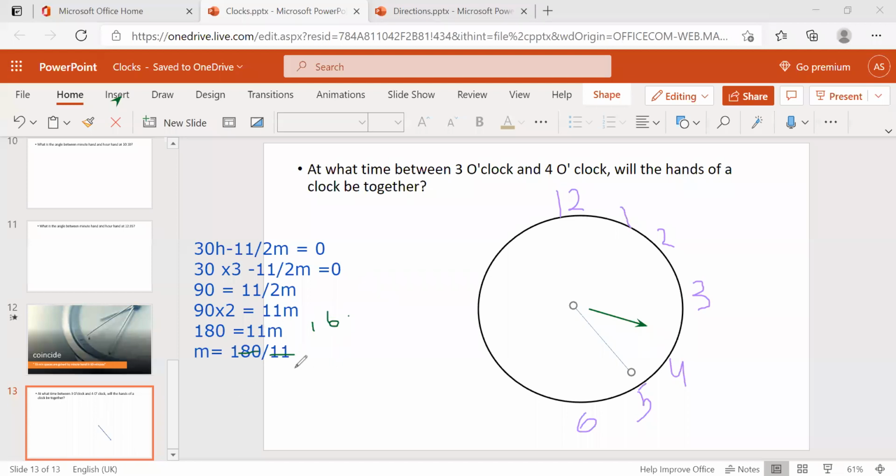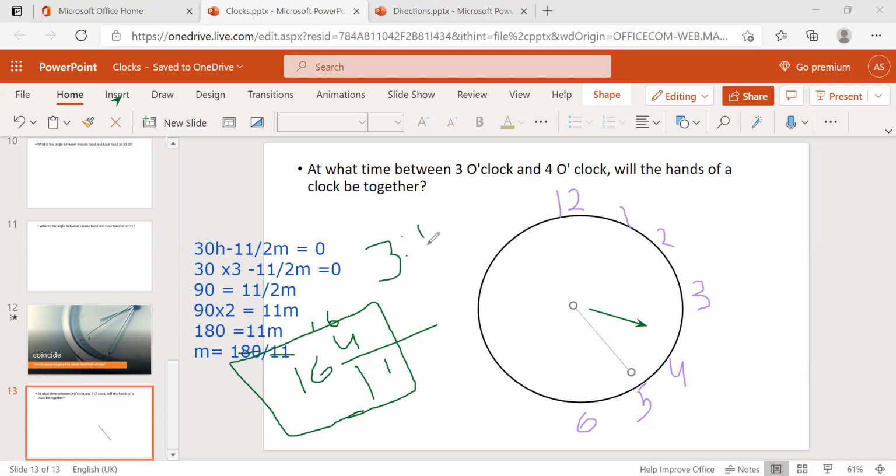So 16 4 by 11. So 3 hours 16 4 by 11 minutes. After 3 hours 16 4 by 11 minutes, it will coincide. Okay, this is the general formula. Like that you have to do.